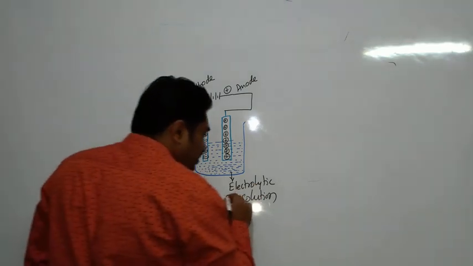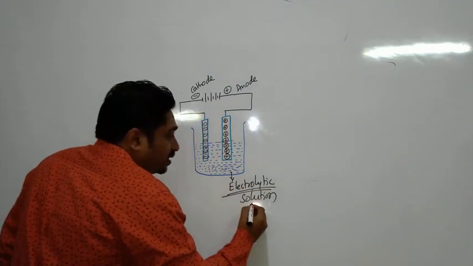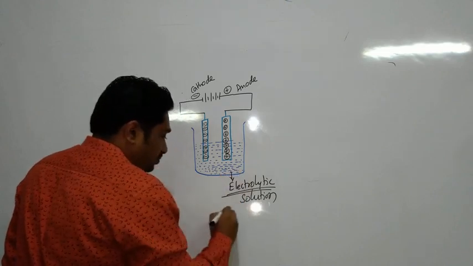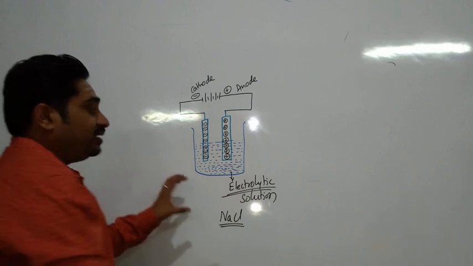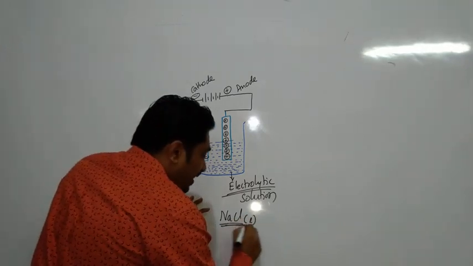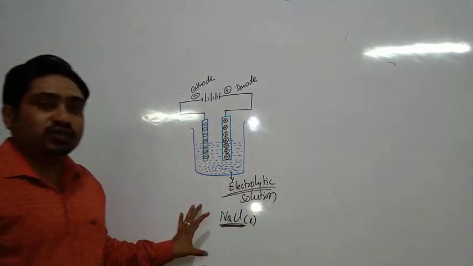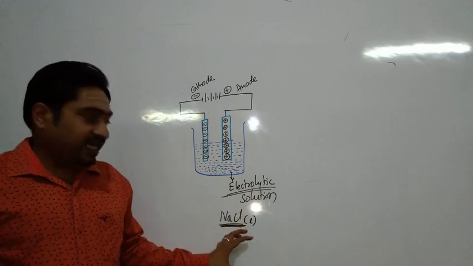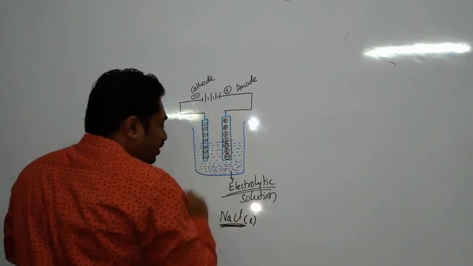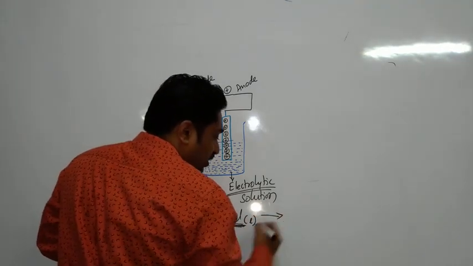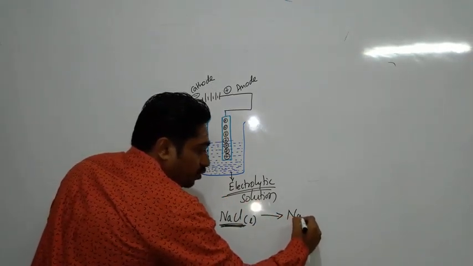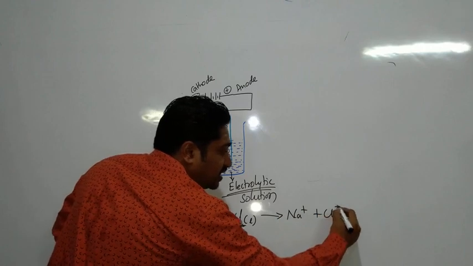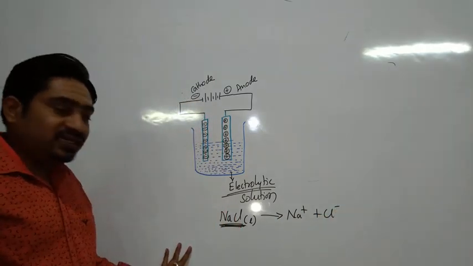Here I will take a solution of NaCl, liquid NaCl, that means sodium chloride in the molten state. When sodium chloride is dissolved in water or is molten, it forms Na+ and Cl- ions, cations and anions.